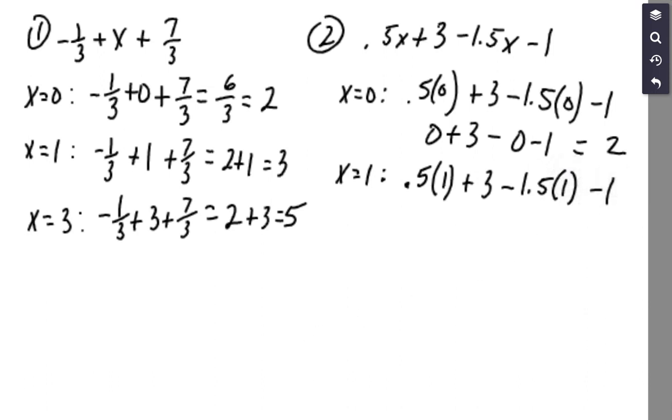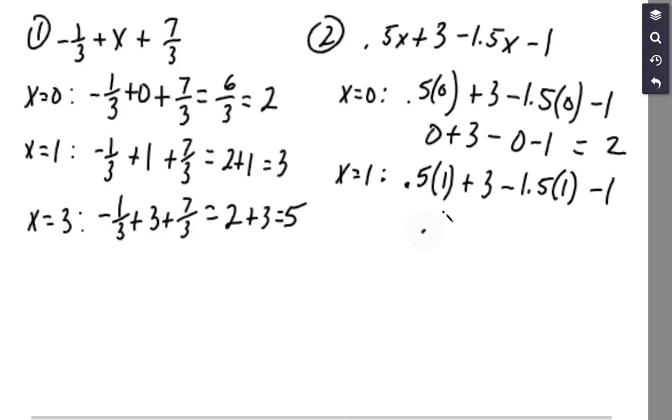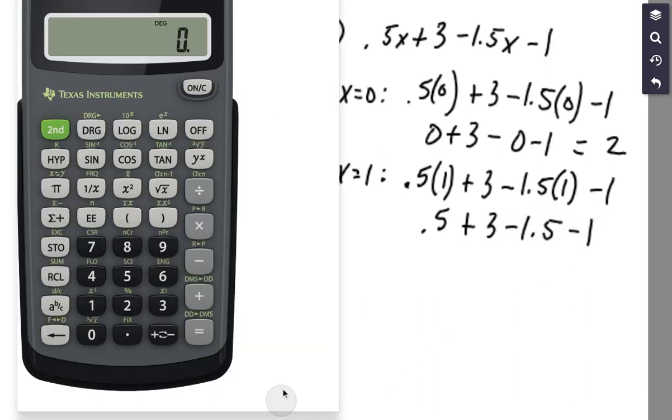So we'll pull up our calculator and evaluate that. Before we do that, let's multiply this. 0.5 times 1 is 0.5 plus 3. Then negative 1.5 times 1 is negative 1.5 minus 1. So now let's put that in our calculator.